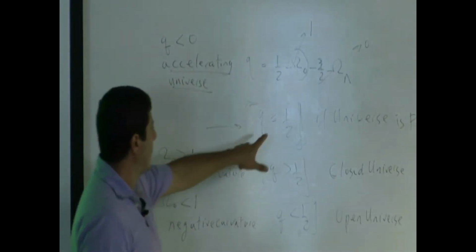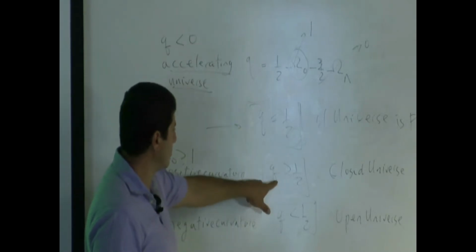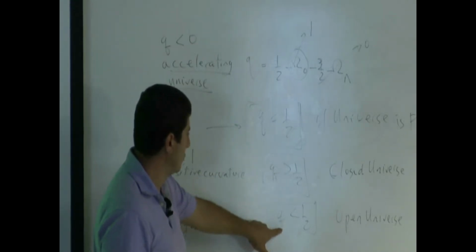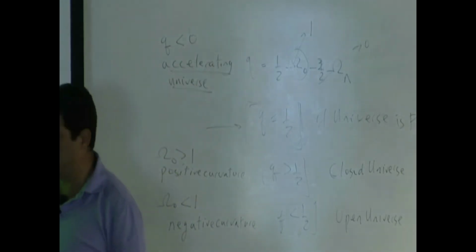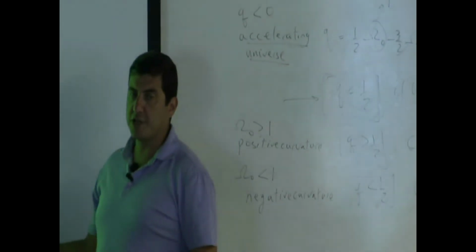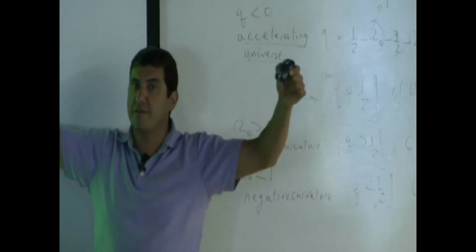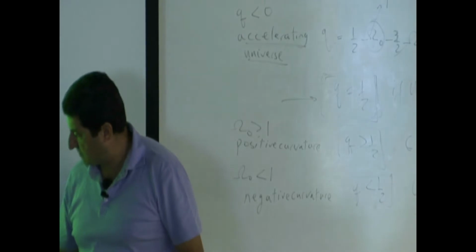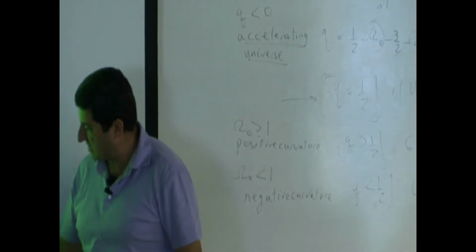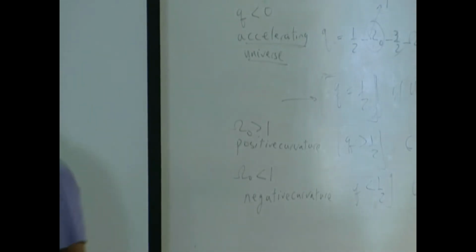As long as there is dark energy, it causes the universe to accelerate faster and faster. Since it's negative, it doesn't really matter what the number is. As long as it's negative, the universe is accelerating.